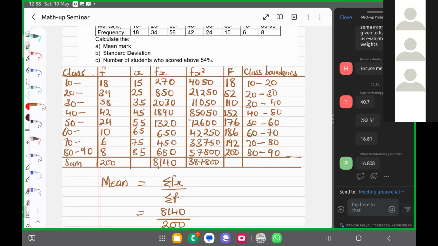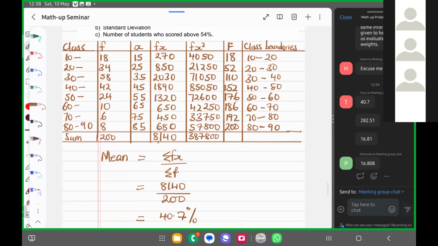If I use these upper class boundaries and cumulative frequencies, I'll be able to get the number of students that have scored up to that particular mark of 54 by using linear interpolation. What do I mean?